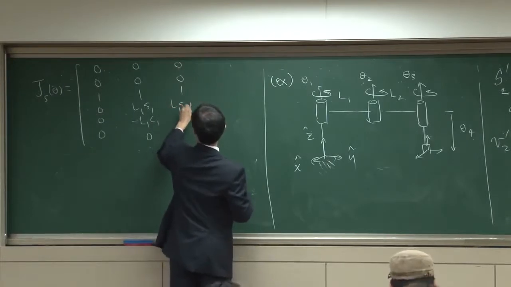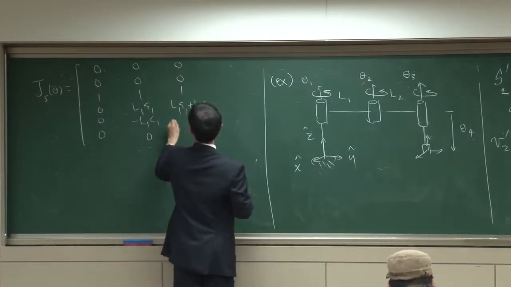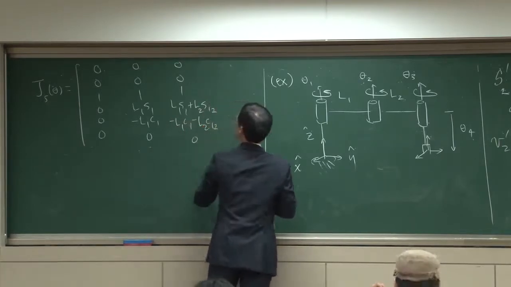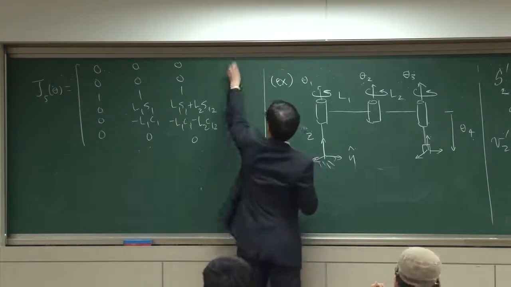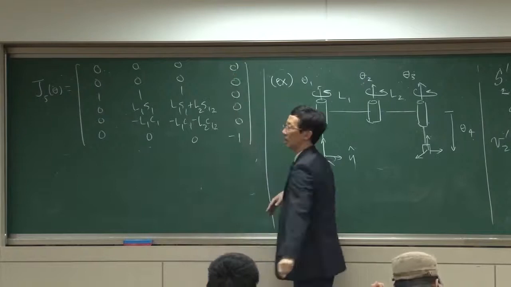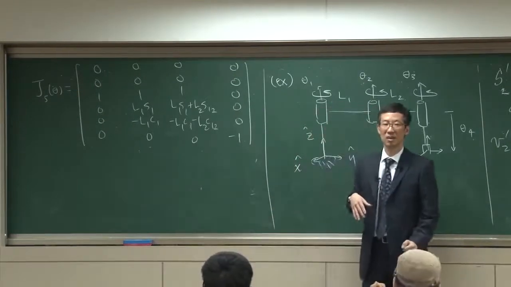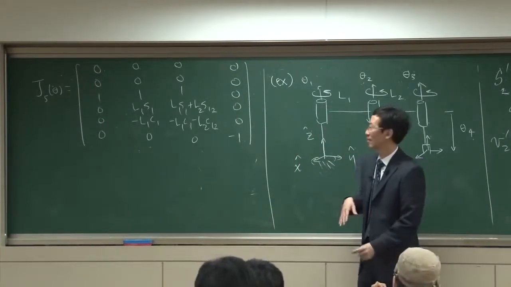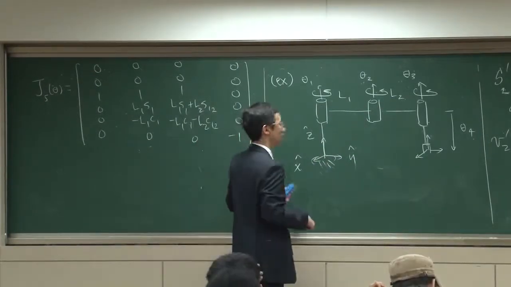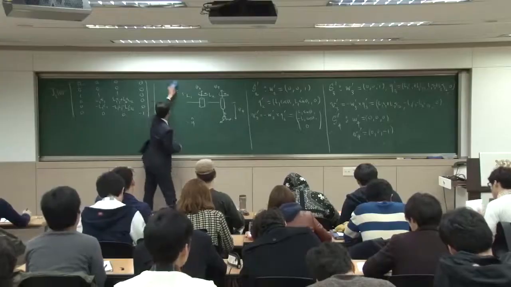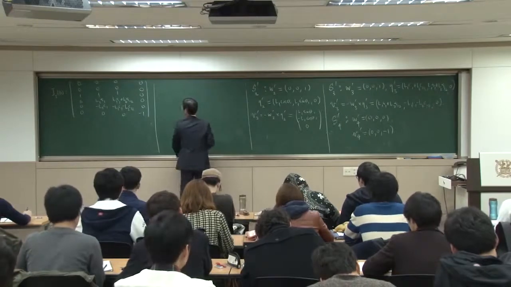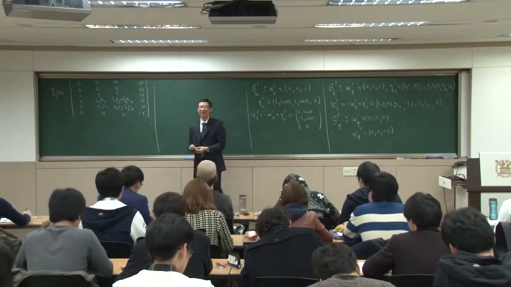L1 S1 plus L2 S12, minus L1 C1 minus L2 C12, 0. Fourth column, 0, 0, 0, 0, 0, minus 1. Okay. So it wasn't too bad. That was fun, I think. Let's do another.